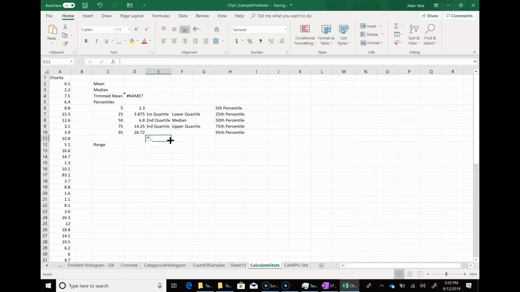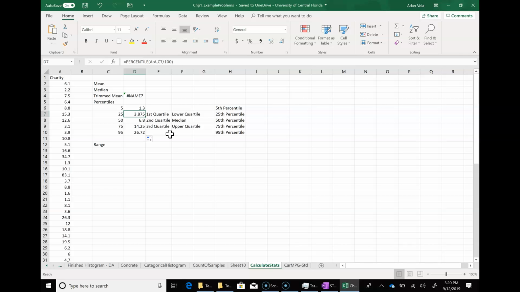Okay. So what does this tell us? This tells us that the median charity spends 6.8% of their expenditures on fundraising. Okay. The bottom 25%, that is to say, 25% of the charities spend less than 3.875% of their expenditures on fundraising.